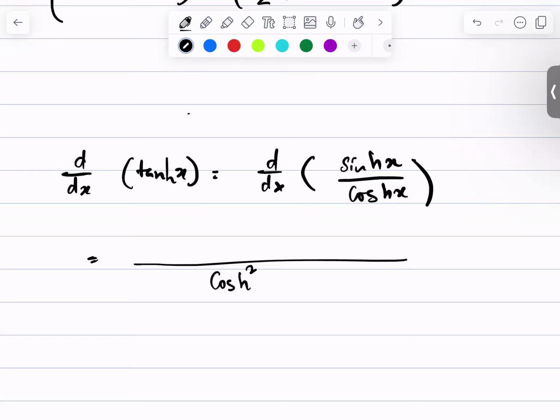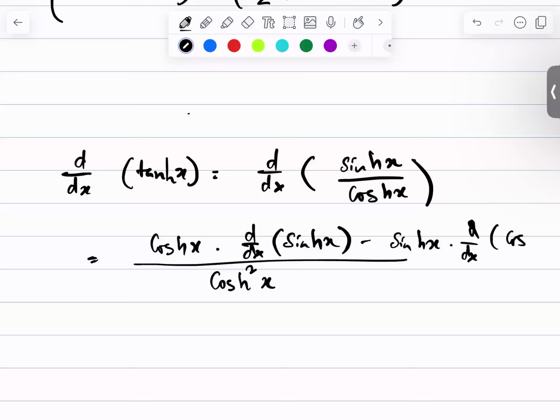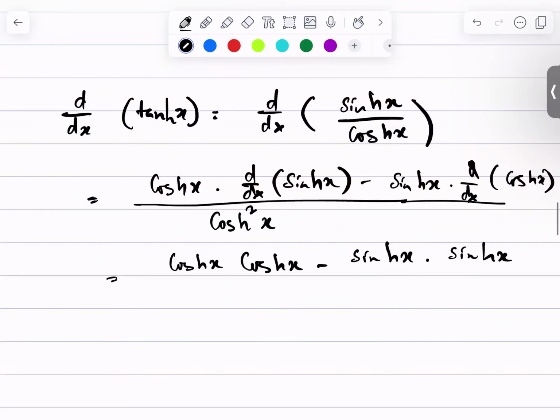So this will be cosine hyperbolic x times d/dx of sine hyperbolic x minus sine hyperbolic x times d/dx of cosine hyperbolic x, over cosine hyperbolic square x. I know the derivative of sine hyperbolic, that is cosine hyperbolic. And I also know the derivative of cosine hyperbolic, which is sine hyperbolic x.